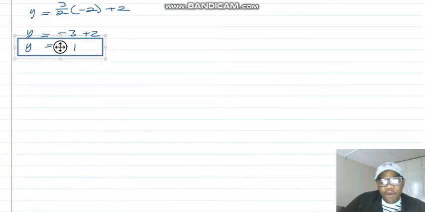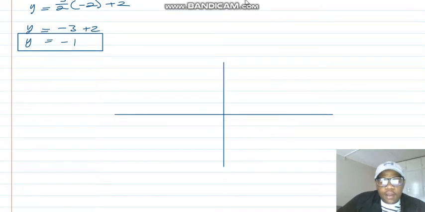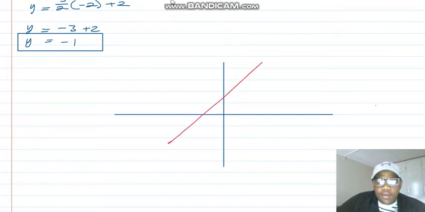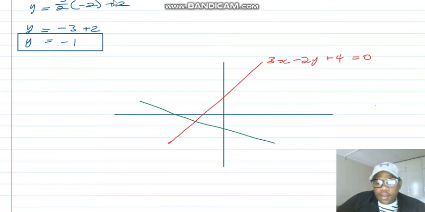But maybe before I do that, I just want to give you an idea of what's happening here. Basically, this is 3x minus 2y plus 4 is equal to 0, and this other function is x plus 3y plus 5, right?